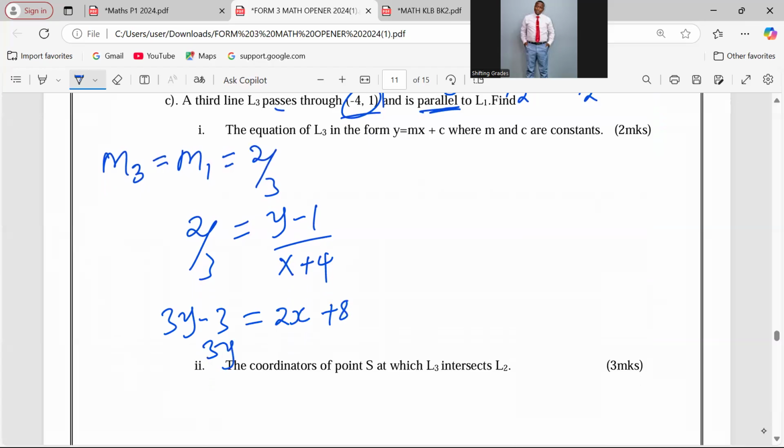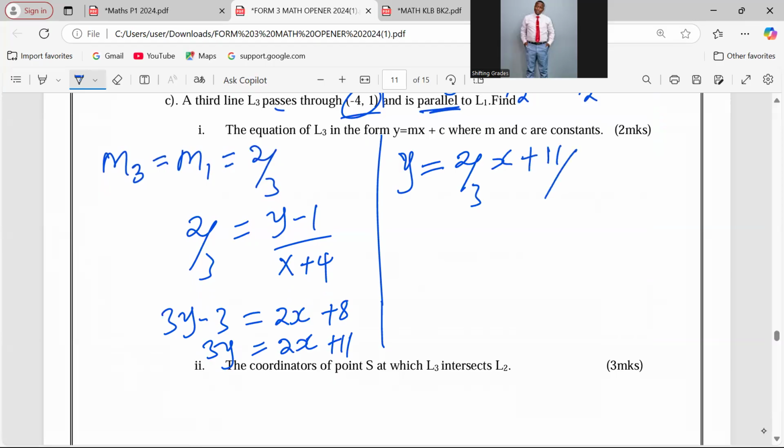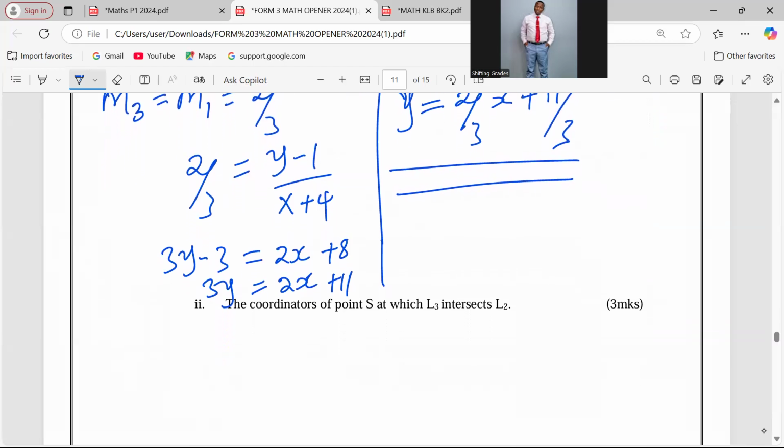So 3y is equivalent to 2x plus 11. So to remain with y, we have 2 over 3 x plus 11 out of 3. I've divided through by 3. That is the equation they want.